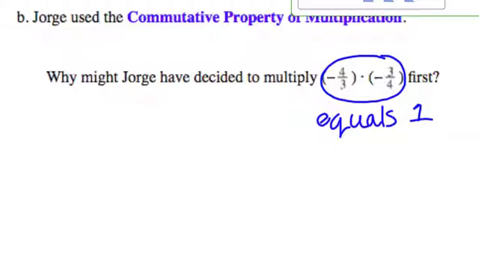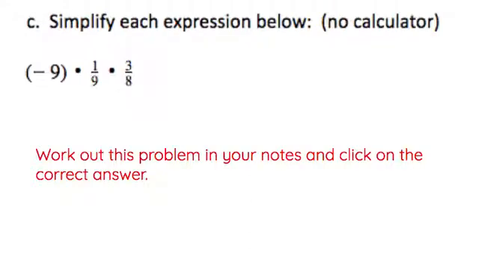And that would be easier to figure out the answer. So what you are going to do is, in your notes packet, you're going to solve the 3 problems for part C here. And then you are going to click on your answers in Edpuzzle.